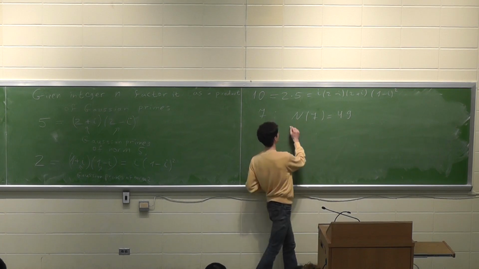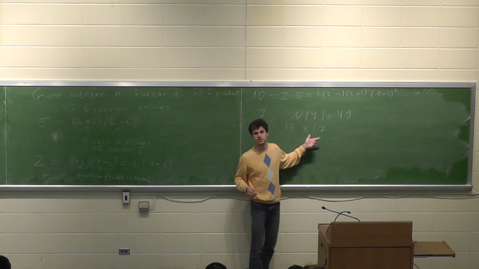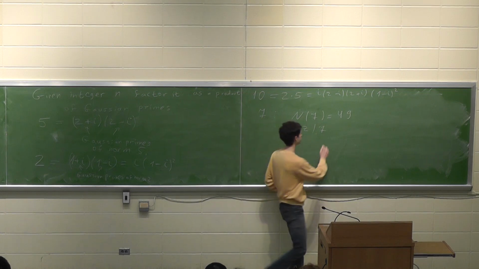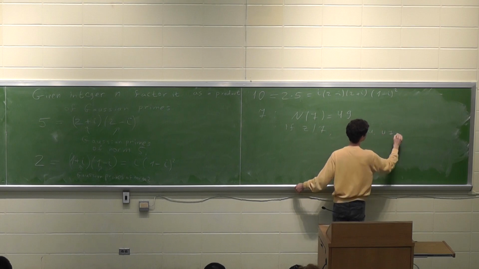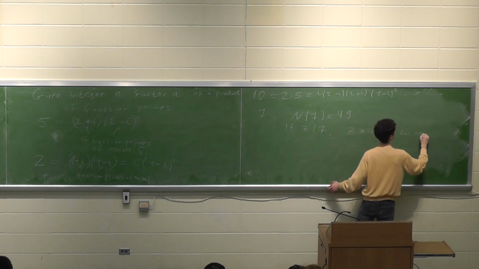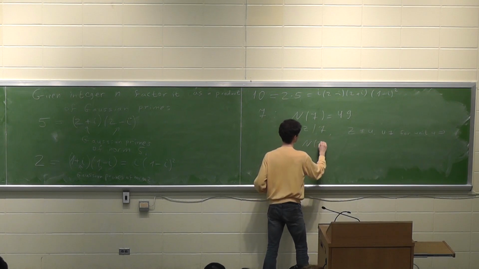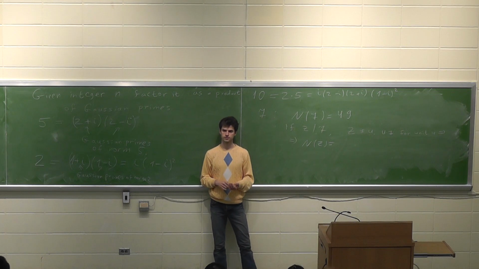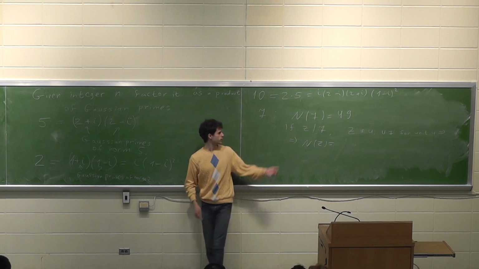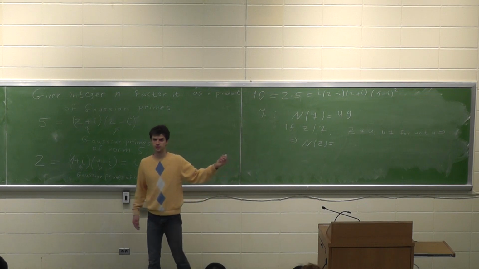If z divides 7, where z is some Gaussian integer and z is not a unit and not a unit times 7, then what would be the norm of z? Well, the norm of a factor divides the norm of the number, because the norm is multiplicative.